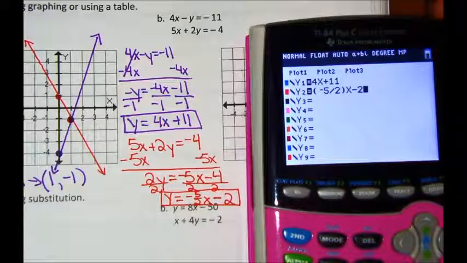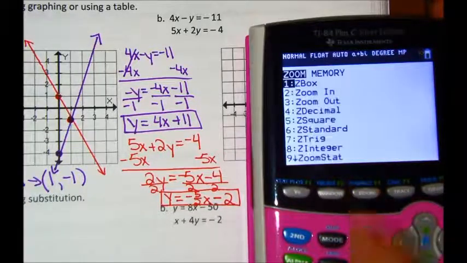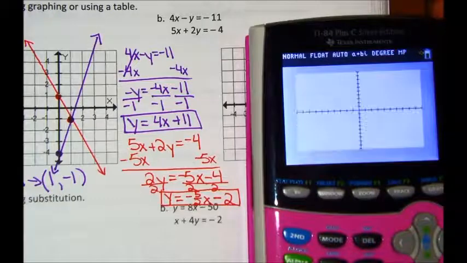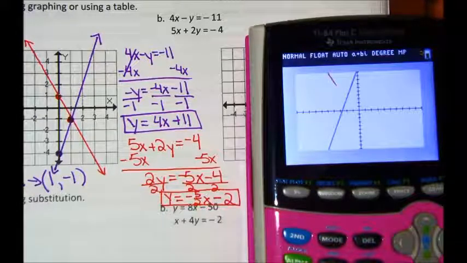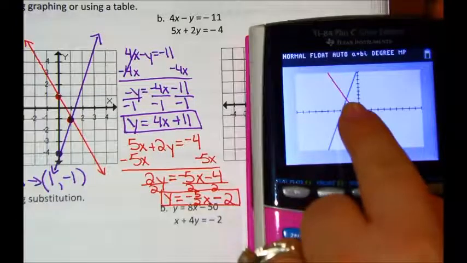Once you have them inputted into the calculator, you're going to press Zoom 6. There's our first equation. And our second equation. We can see an intersection right here.